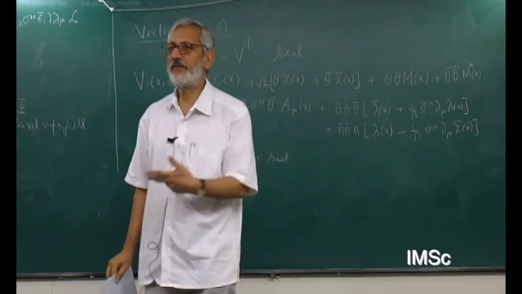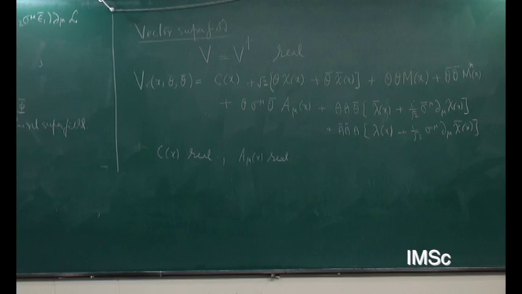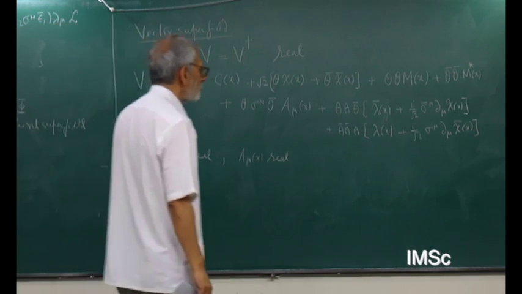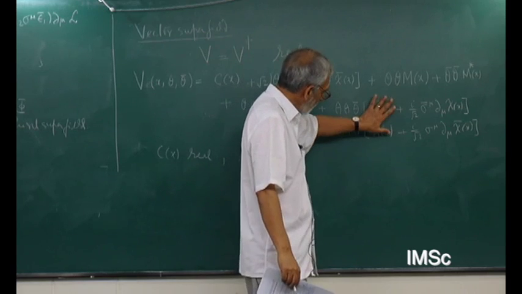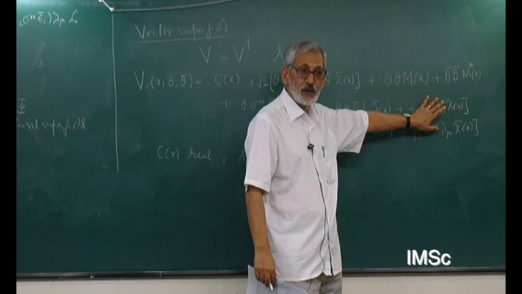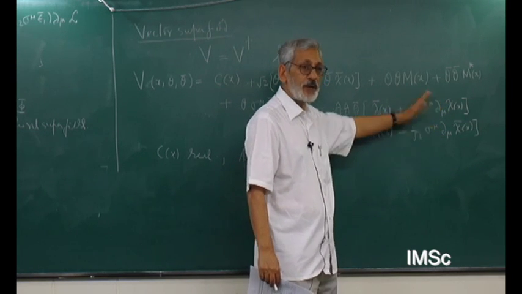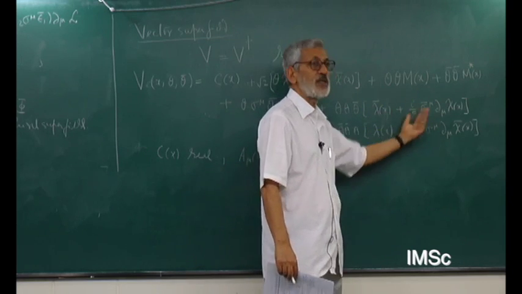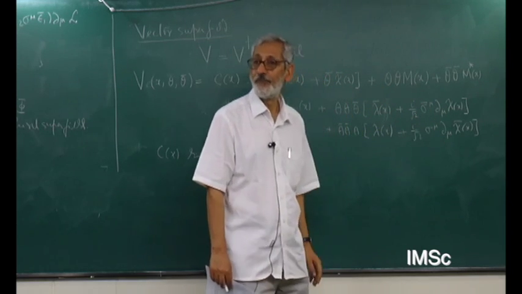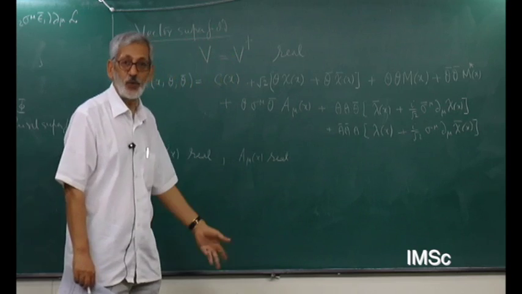That is just a convenient definition. I could have done this much, this was not needed. But a convenient definition is that I add these pieces to that. We'll see what is that convenience.